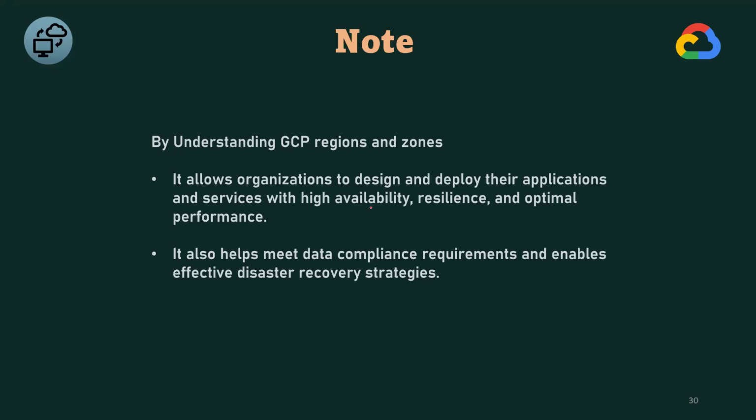It allows organizations to design and deploy their applications and services with high availability, resilience and optimal performance by selecting a proper location, nothing but a region or zone. It also helps meet data compliance requirements and enables effective disaster recovery strategies.